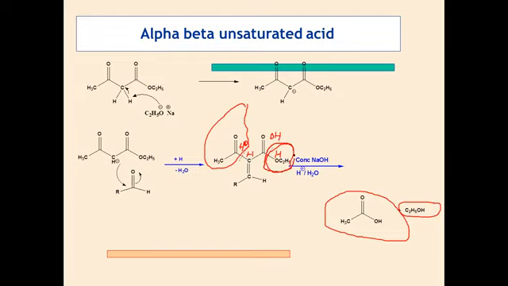And our main product is R. See, this is R, CH double bond CH, COOH. So this is our main product.